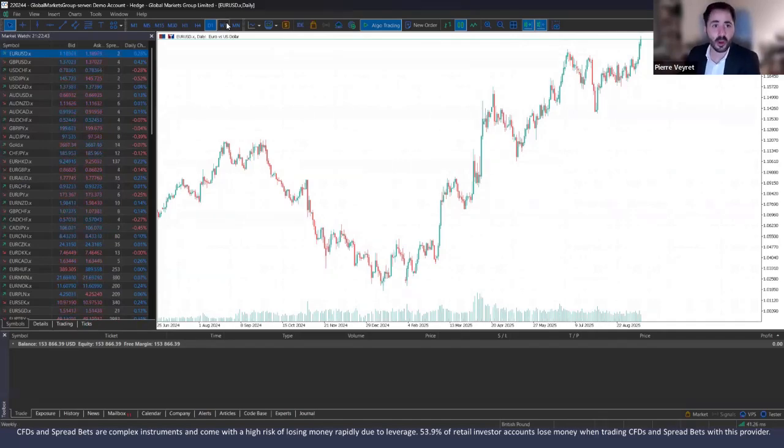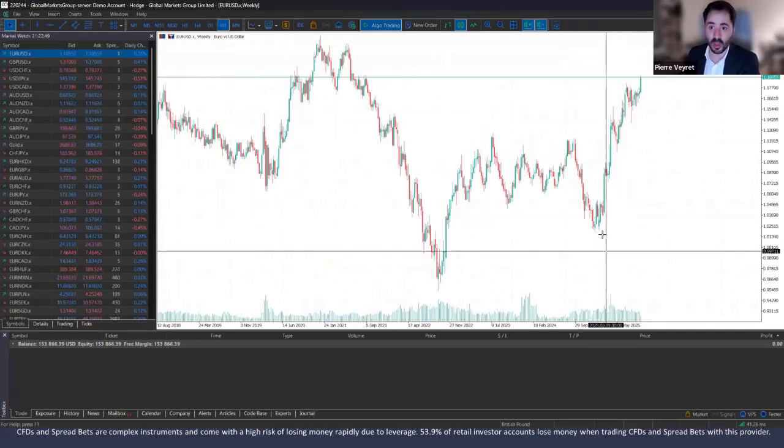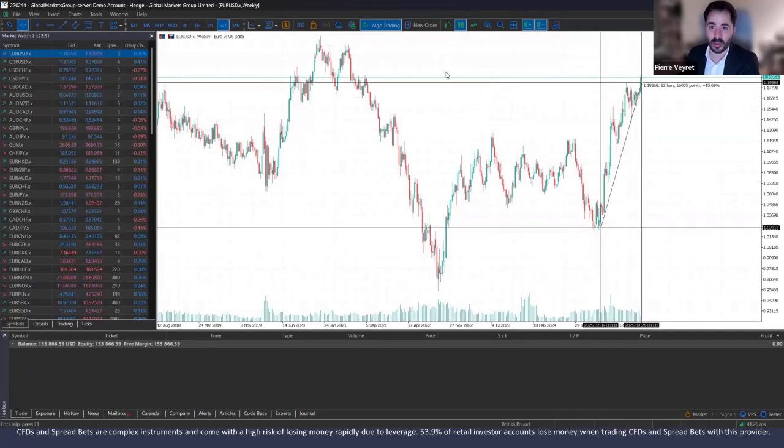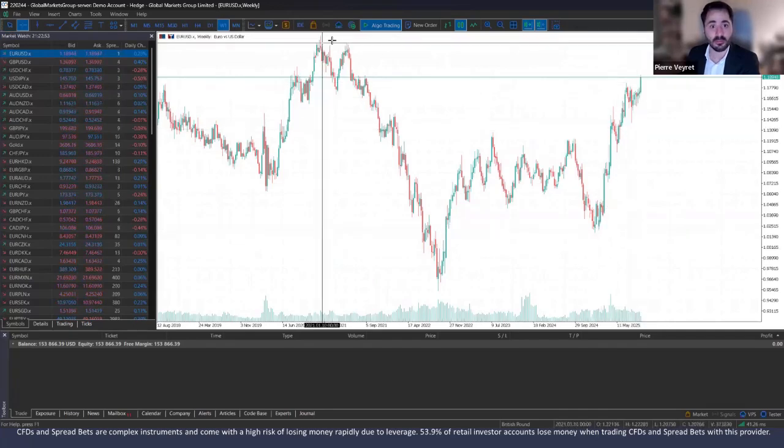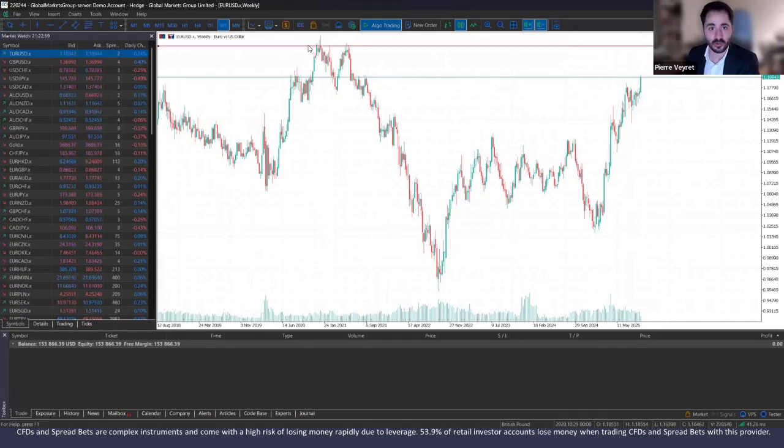But anyway, always start on higher time frames. For example, this is a weekly chart. You see, we have the strong bullish move right there, and there are some resistance levels right there. So this could be a nice target. I'm not telling you to do it, of course, but these are the latest recognized tops on the weekly chart.